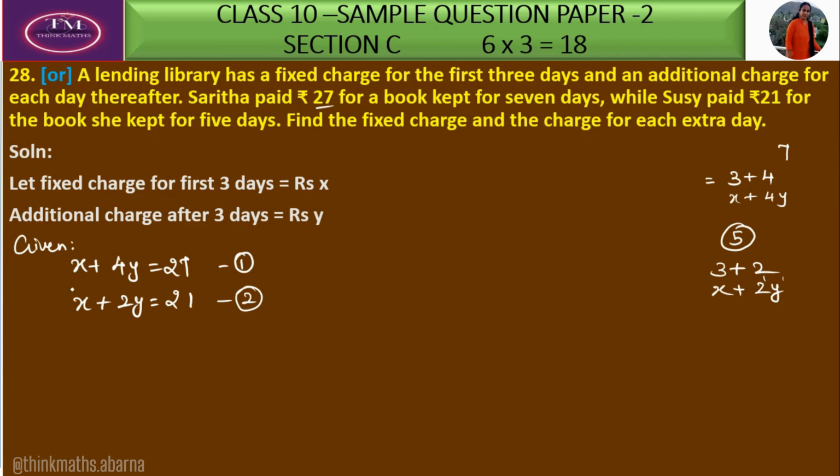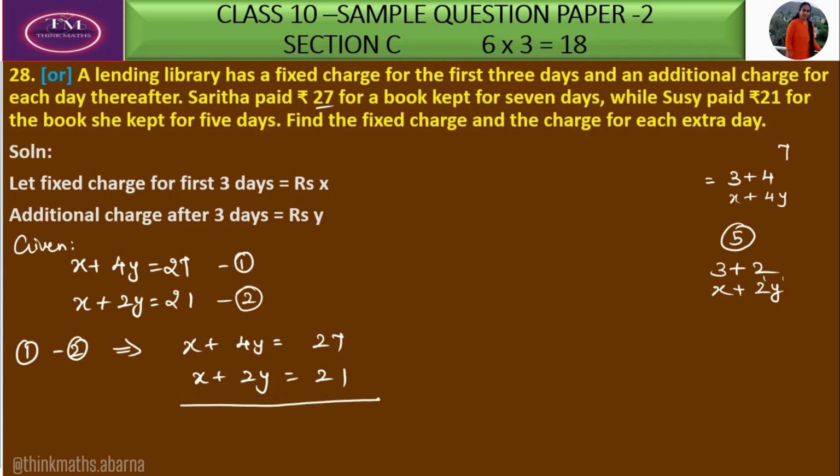Now it is very simple. Here the coefficient of x is the same. By elimination, if you just subtract, this x will be eliminated. So I am going to do 1 minus 2 directly. So x plus 4y equal to 27 and x plus 2y equal to 21.